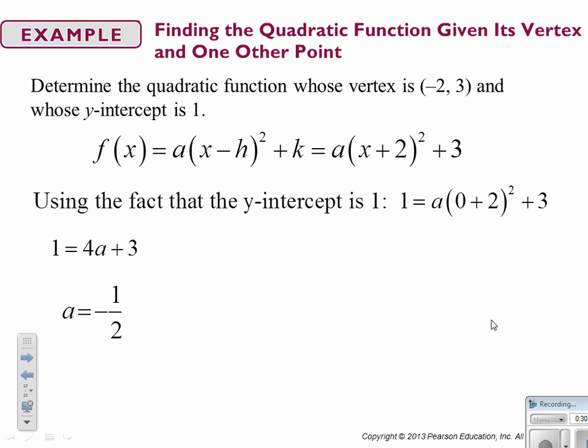So 1 minus 3 is negative 2, and negative 2 divided by 4 is negative 1/2. Now I can go back to my vertex form and plug in negative 1/2 for my a, x stays, plus 2 parentheses squared, plus 3. So we use that point to find our a value.